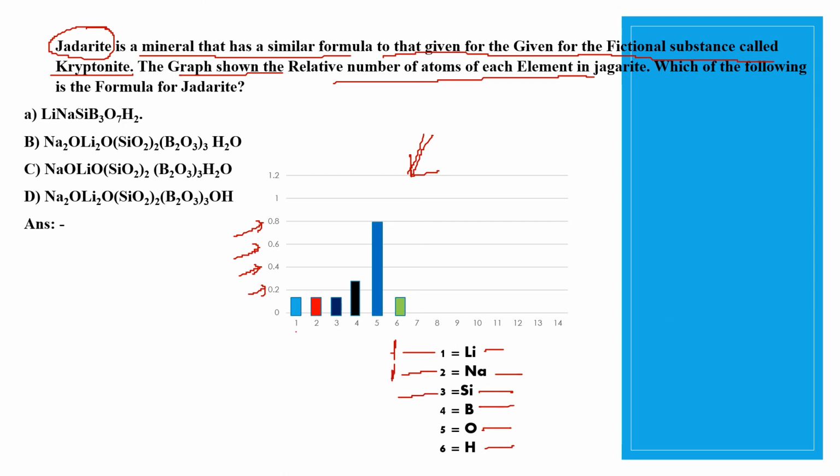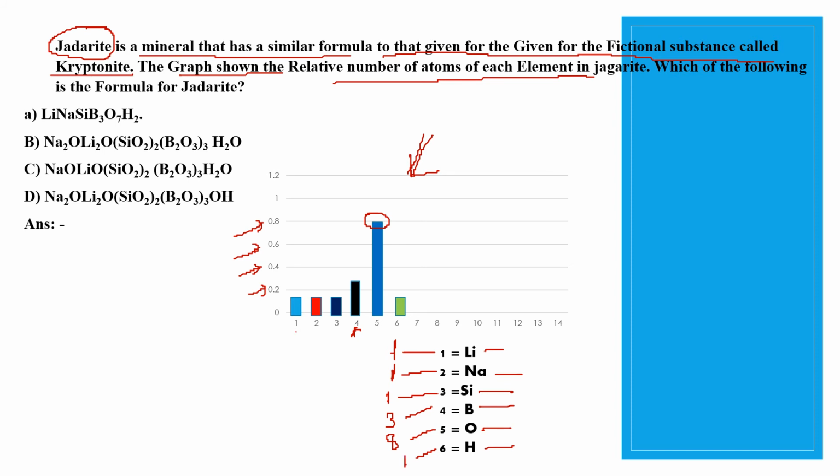Then silicon, that is also one. Then the fourth one, that is nothing but 3. Then oxygen, up to that is 8. And then hydrogen is also the same, 1.